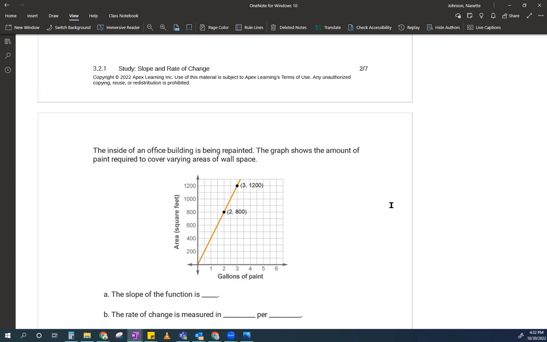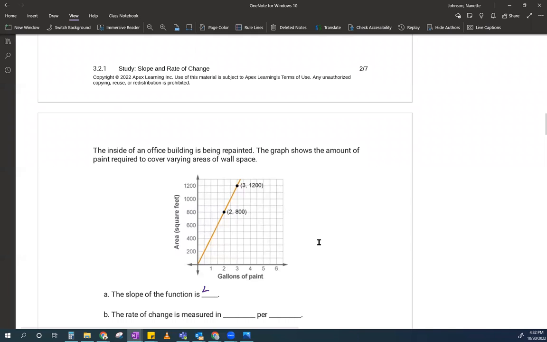The way I got that was when I rose, I counted, and each one of these lines is 100. So I counted 100, 200, 300, 400. So that's 400 over, down here, each of these is just worth 1. So my slope is 400 divided by 1, which is just 400.